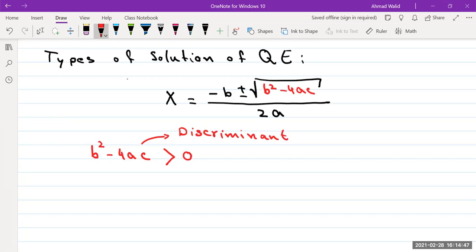If your discriminant is a positive number, in this case, you have 2 unequal real solutions.